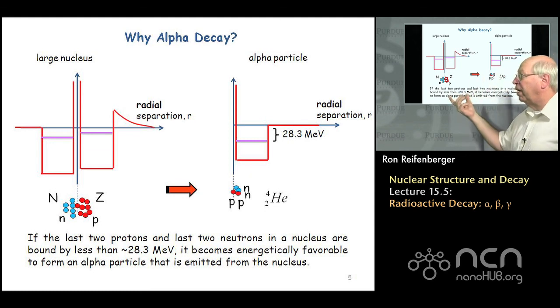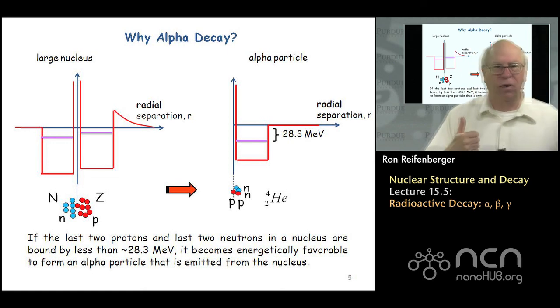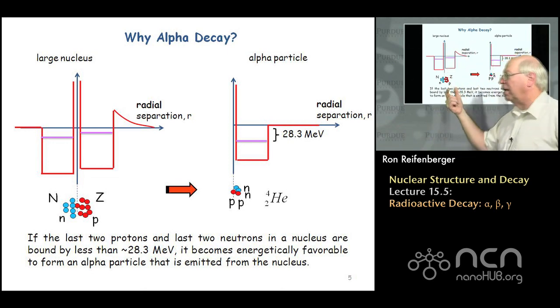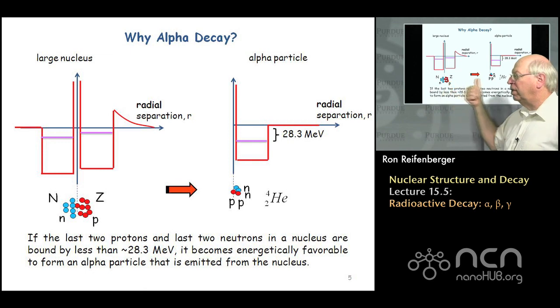Well, the answer is if you have some large nucleus which has Z protons and N neutrons, and if the binding energy of the last few protons plus the binding energy of the last few neutrons is less than about 28 million electron volts, then it just becomes energetically favorable for that nucleus to spit out 2 protons and 2 neutrons to form this very stable helium nucleus, which is in fact bound by 28.3 MeV.